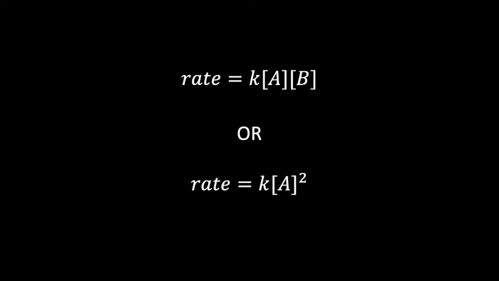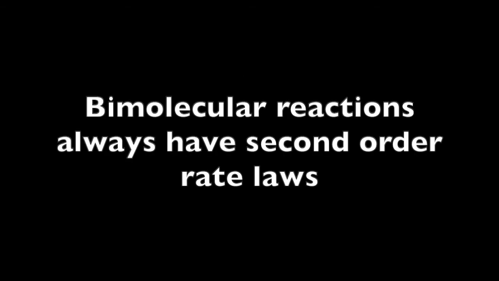When you have two different species reacting, you get a rate equation like the one on the top, and when you have two molecules of the same species reacting, you get a rate equation like the one on the bottom. Both of these bimolecular reactions are second order. Bimolecular reactions always have second-order rate laws.